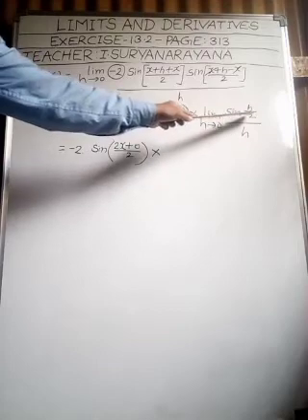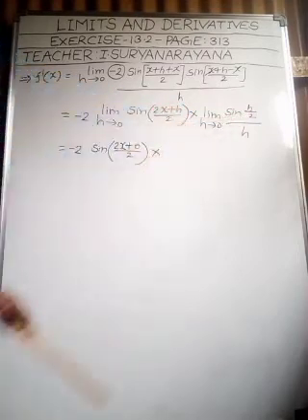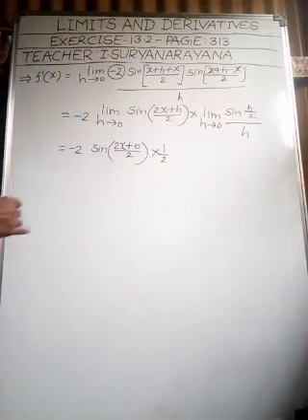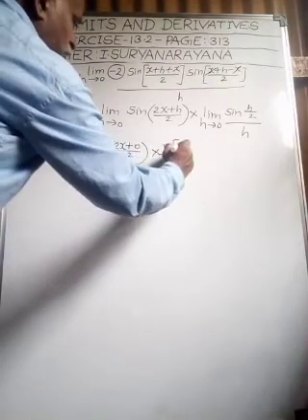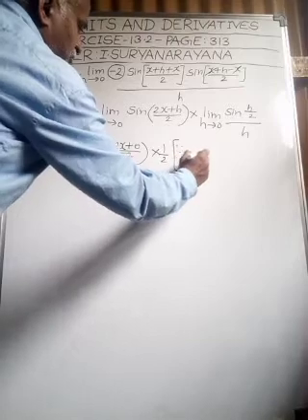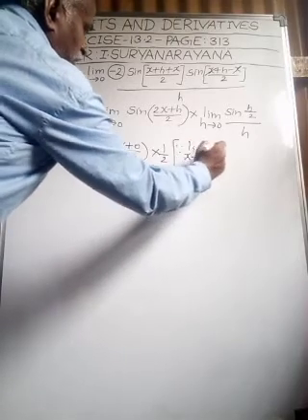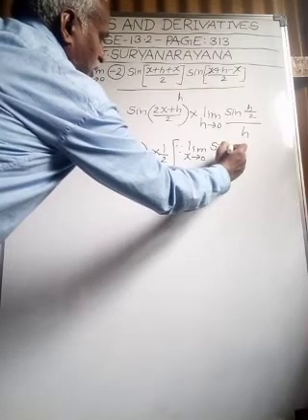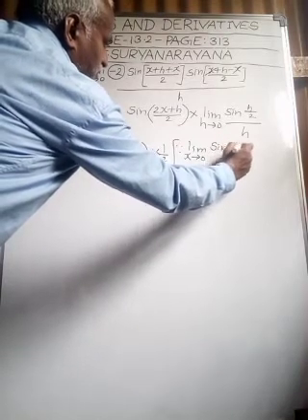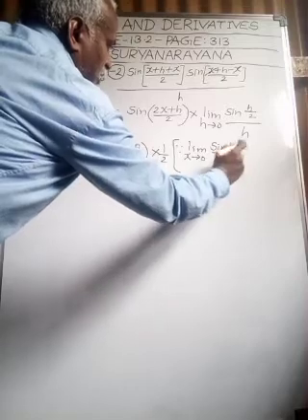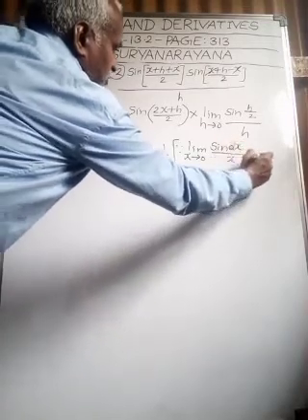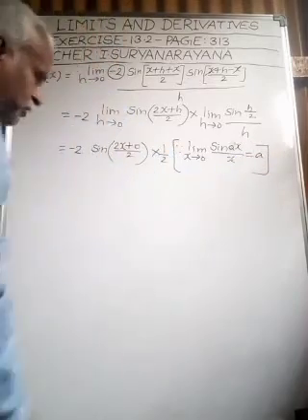So what is the coefficient of h here? 1 by 2. So we can write 1 by 2. The limit of that function is 1 by 2 only, because as x tends to 0, limit of sine ax by x is equal to a.